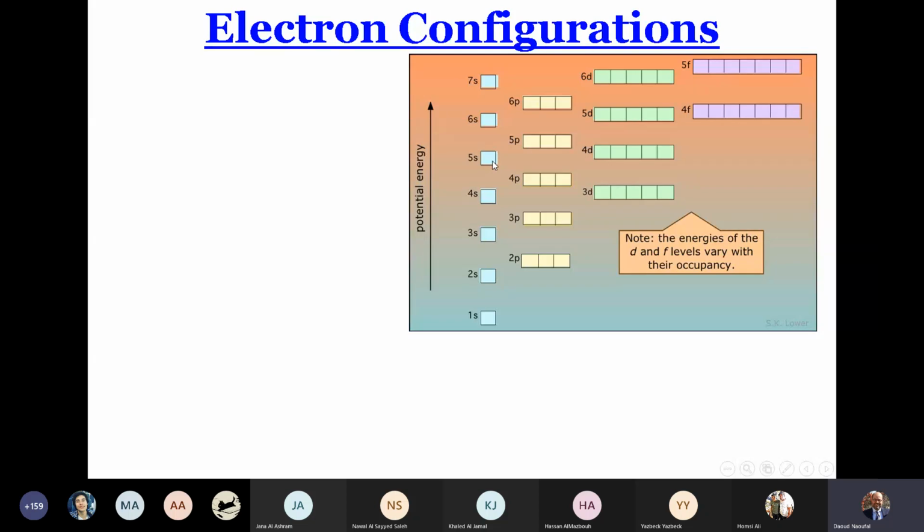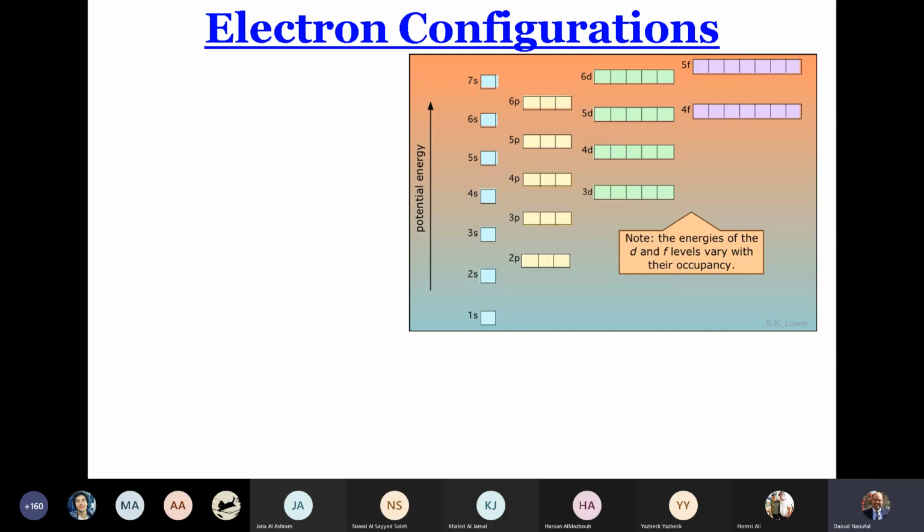And we have another possible value, l equal 4, so we also have 5g by theory. But we did not use the 5g orbital since the periodic table is composed of known elements. So we did not use 5g to fill the electrons.